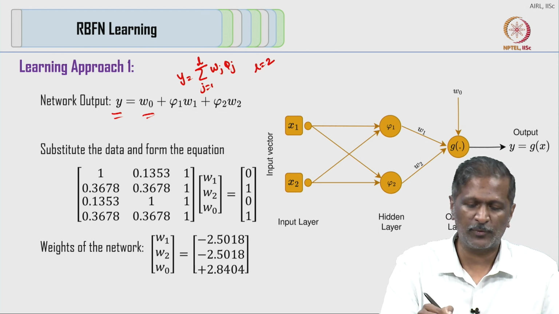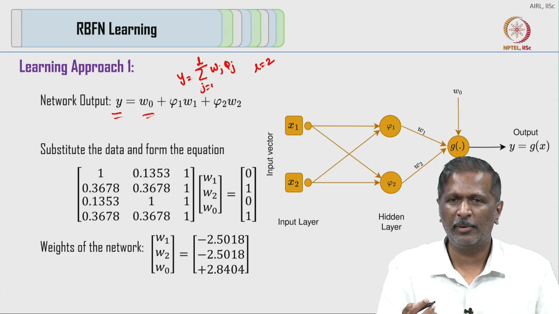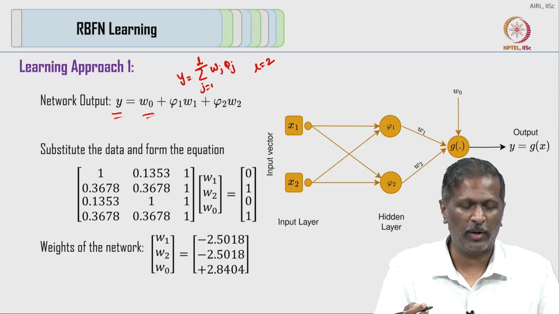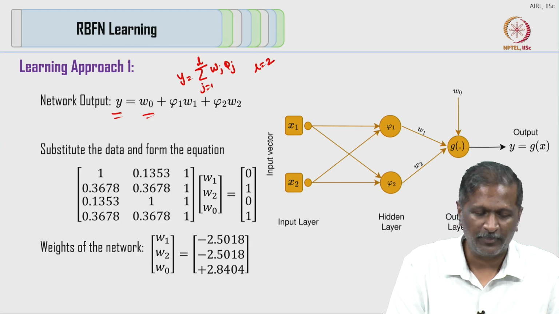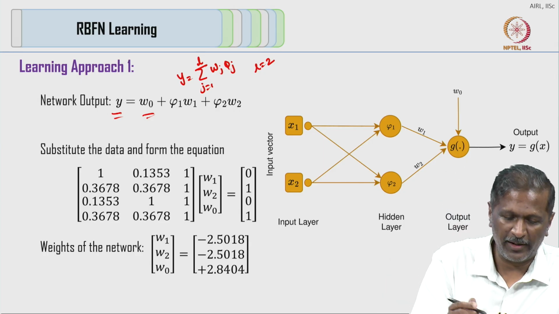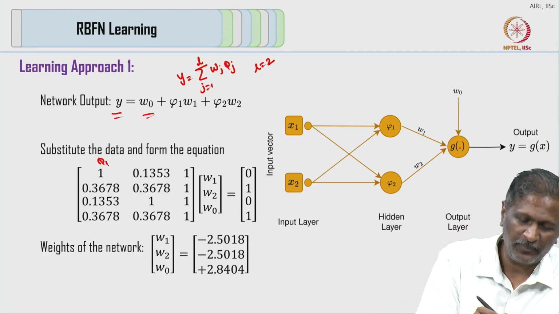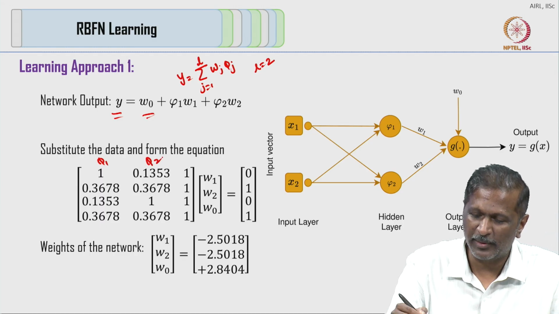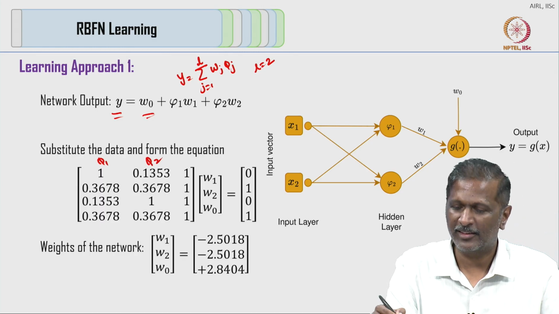So for various values of x, x can be 0, 0, 0, 1, 1, 0 and 1, 1. If I substitute that, what I get is the corresponding phi 1, phi 2, right. I am assuming there is something called phi 3 which is bias, right.